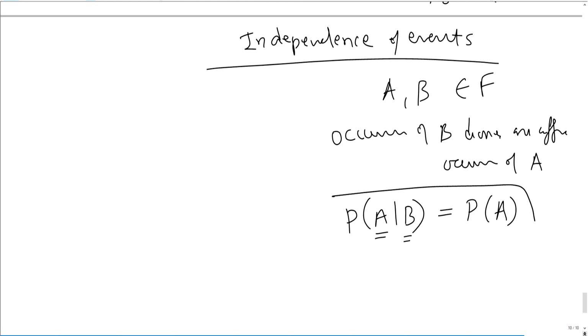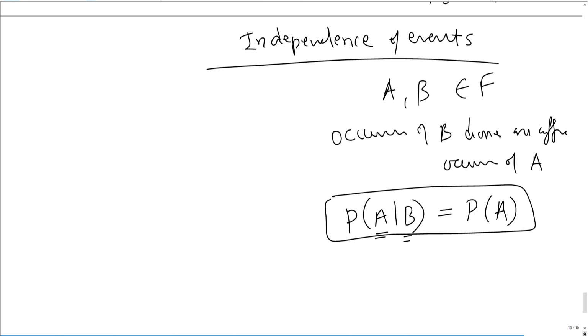It means that the probability of occurrence of event A does not depend on B at all, or is not affected by B at all. So when you calculate the conditional probability of A given B, it is the same as the probability of A. Conditional probability of A is the same as probability of A when there is no condition of B. So A is not affected by B at all.